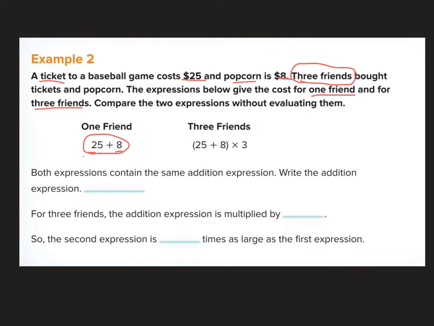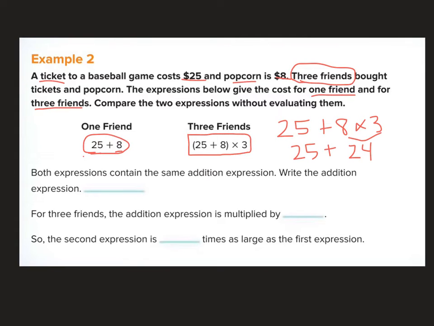If I want to find out what it would be for 3 friends, notice I put parentheses around 25 plus 8, and then I multiply it by 3. Why do I need the parentheses? Because if I did not have the parentheses, here's what would happen. I would multiply 8 by 3, so I'd say I'm going to buy 3 popcorns and 1 ticket.